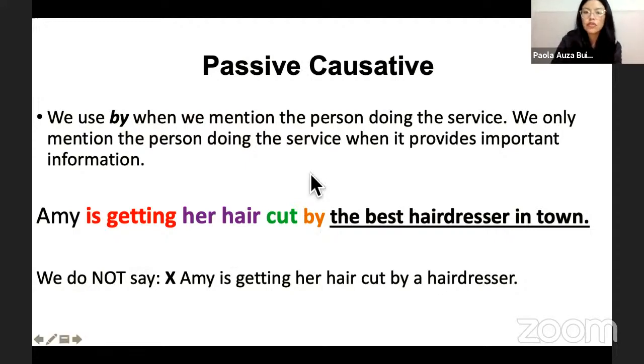All right, that's the use of by. Just to simply mention the person that is doing a service for us, or for the object in this case, not the hair. All right, so it's not correct if we say Amy is getting her hair cut by a hairdresser. It's not correct. All right, so any questions?